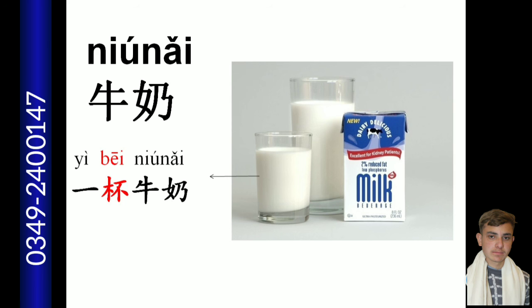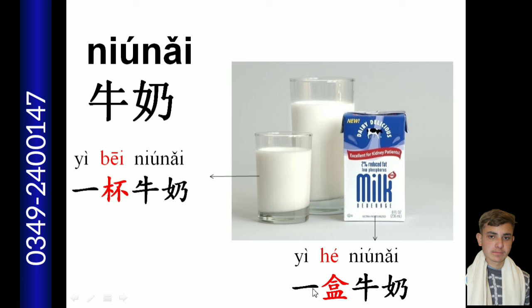What about this kind of milk? It's not a cup, right? We say a box of milk. So we say 一盒牛奶. Here, 盒, measure word, means a box of. 一盒牛奶.